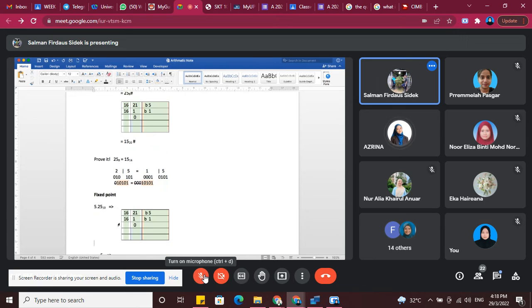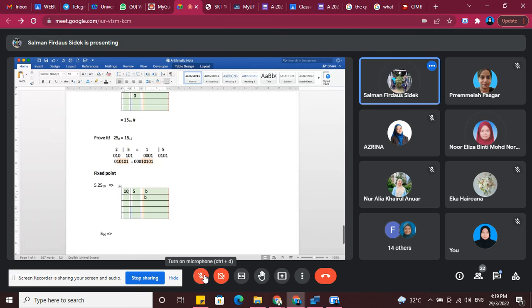Guys, nak guna teknik apa ni? Bahagi. Bahagi berapa? 2. So 5 bahagi 2 berapa? 2, baki 1. 2 bagi 2? 1, balance 0.